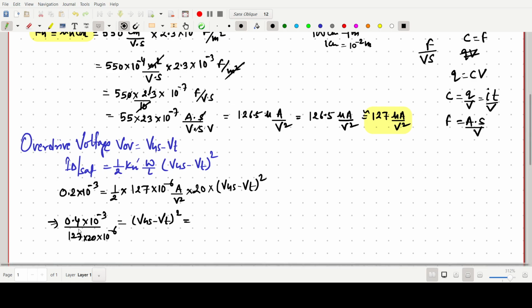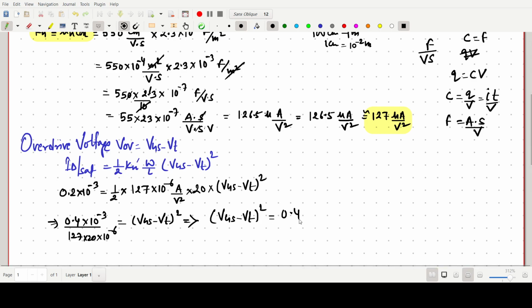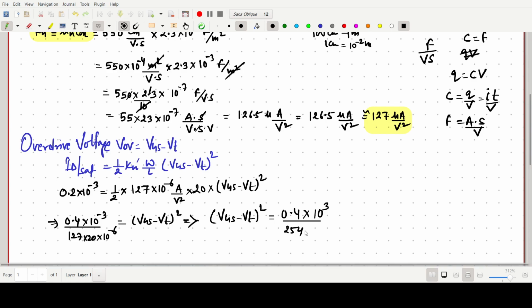Now again I am solving here, okay. So we have to write here VGS minus VT whole square equals 0.4 into 10 to power 3. If this one goes up, so 10 to the power 3, then 254 into 10, or we can remove this one. So better to write 4 by 254 into 10.